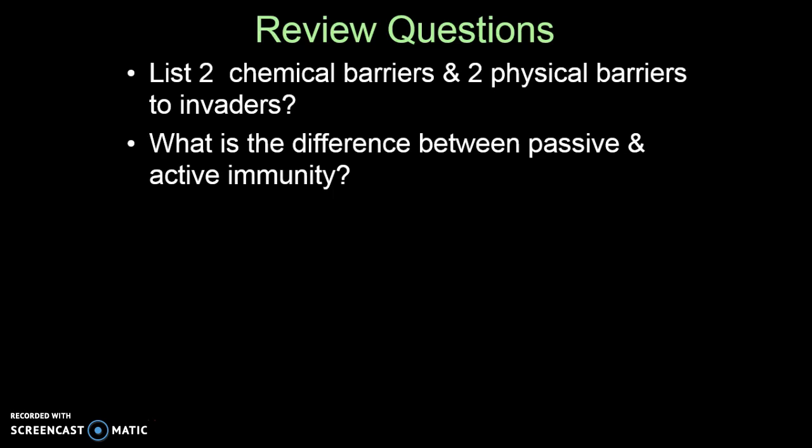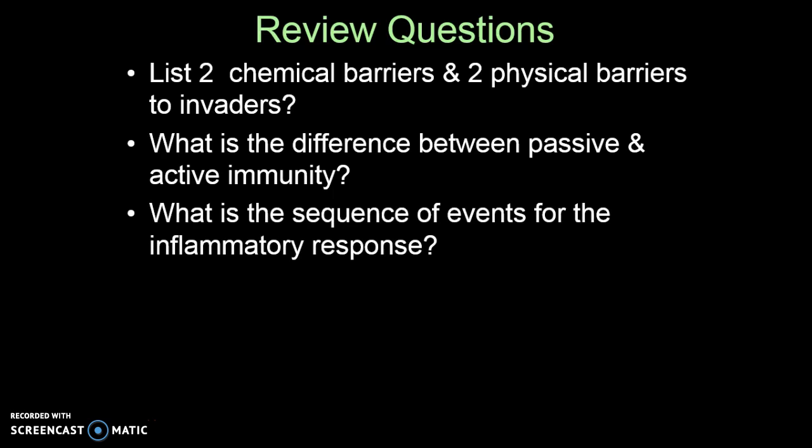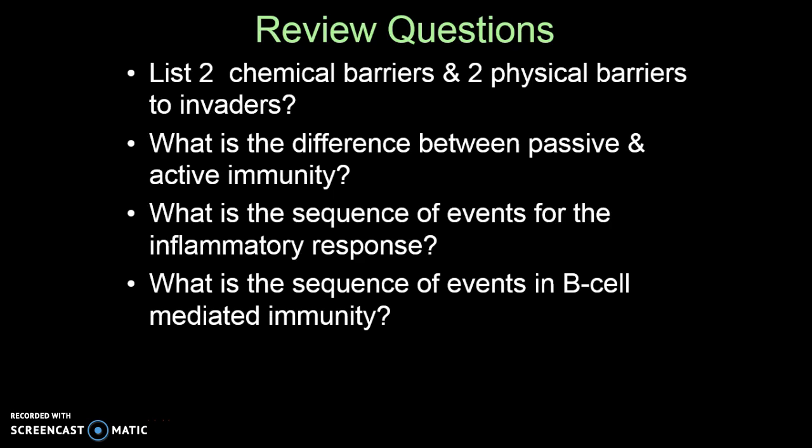Active, your body is doing something. Passive, it's not. What's the sequence of events for the inflammatory response? What are the 4 outcomes of the immune response? Another thing to look at: what is the sequence of events in B-cell mediated immunity?